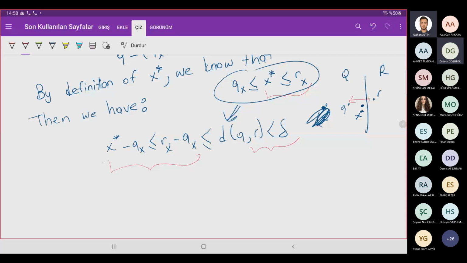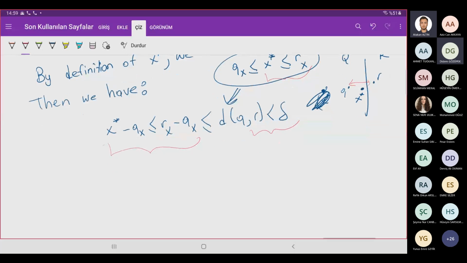By definition of X star, Rx minus Qx is less than or equal to the distance between Q and R. There exist such points, Q and R.